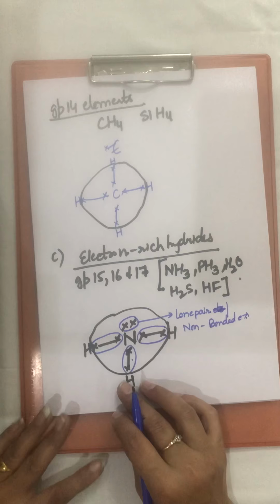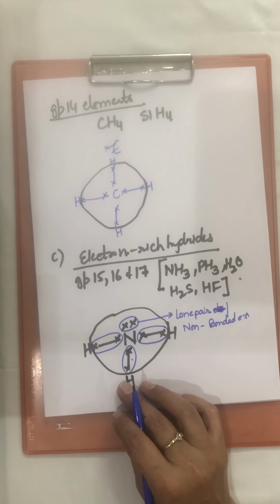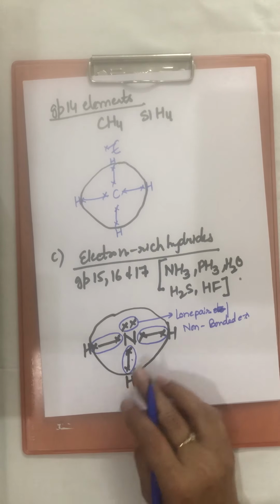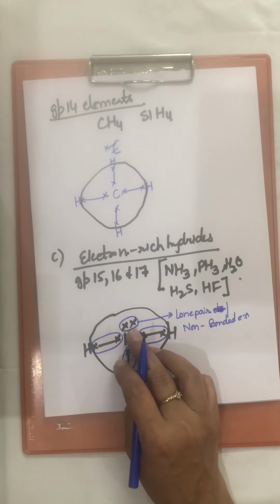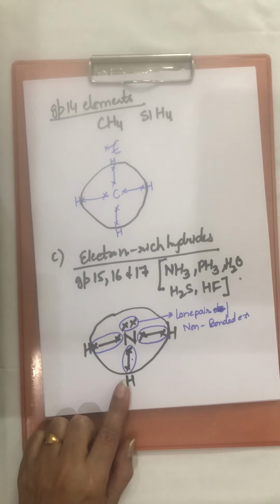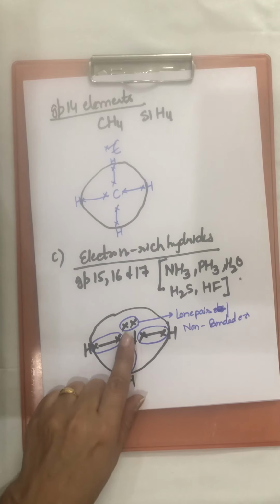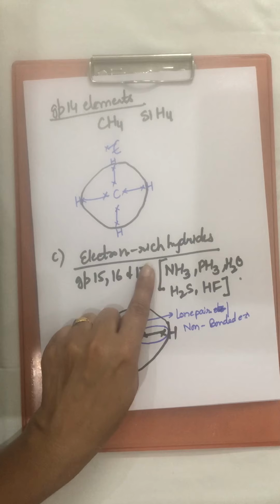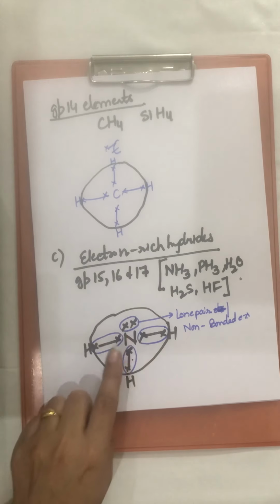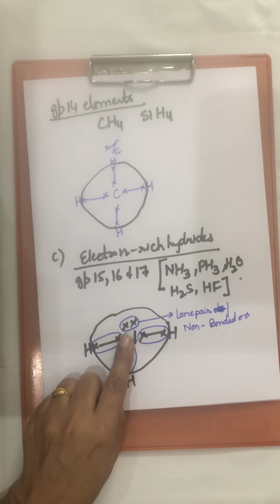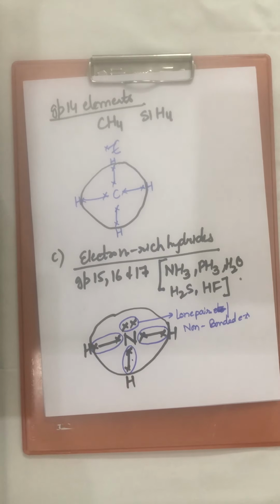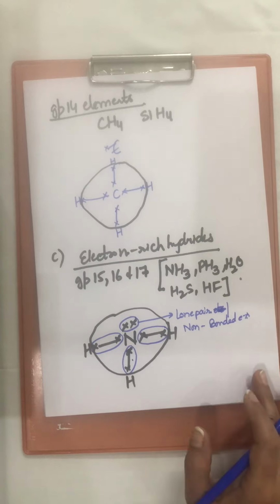Though there are 8 electrons around nitrogen, it still has this lone pair of electrons which it can further use in forming bonds. So excess electrons are present here, hence these hydrides are electron rich hydrides. There is one lone pair present in the case of NH3. So this is about the hydrides. When hydrogen combines with other elements, the compounds formed are known as hydrides.